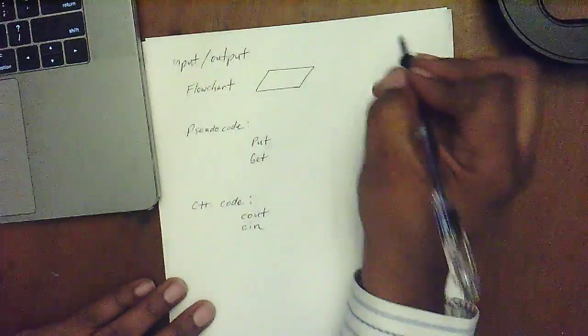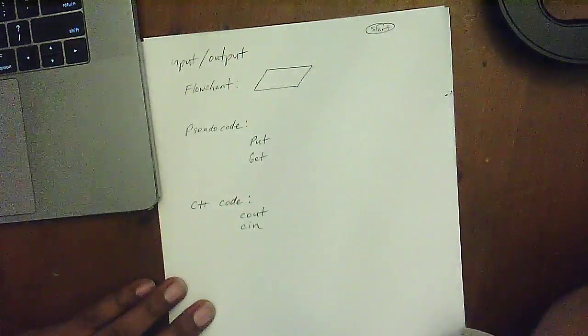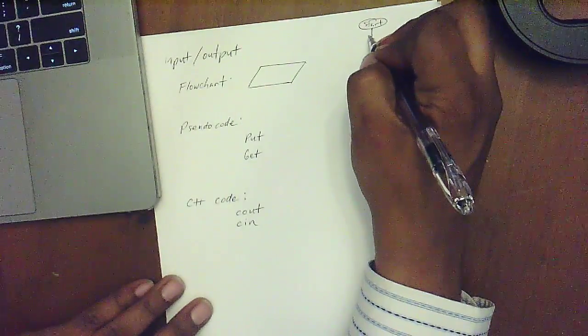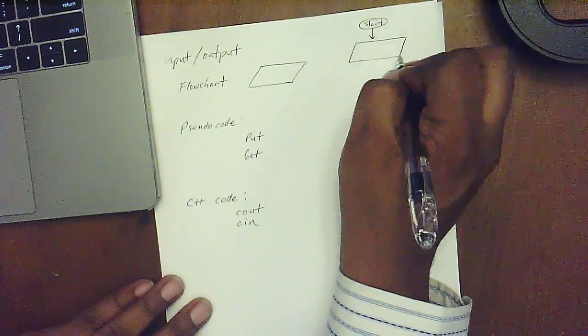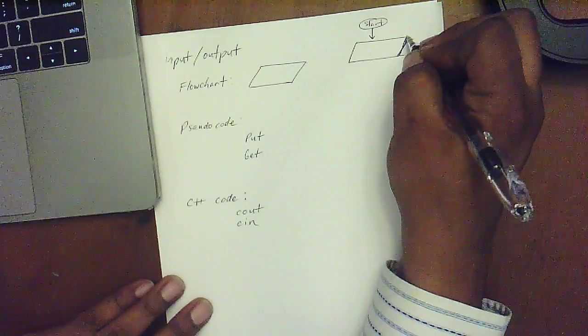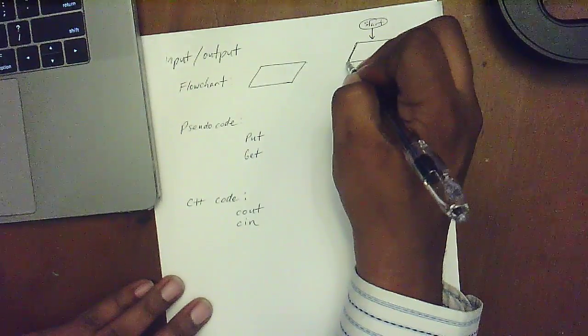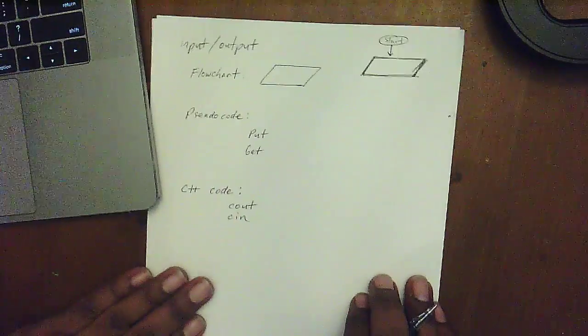So in flowchart, we're going to say start. And then we're going to output. It should have a little curve on it to distinguish it from a rectangle, just to make it a little more curvy. There you go.